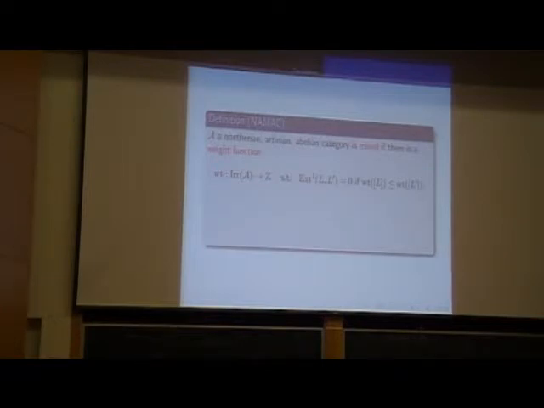There is a weight function, which associates to each irreducible object in my category an integer. So for instance, if you have graded modules of a ring, you can just hope that every irreducible module is concentrated in a single degree, like we had in this example from above.